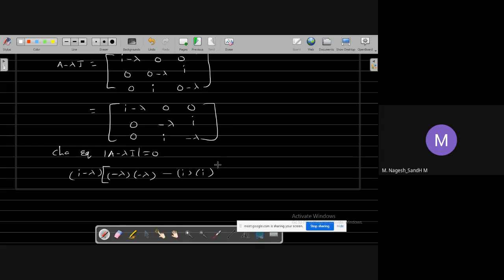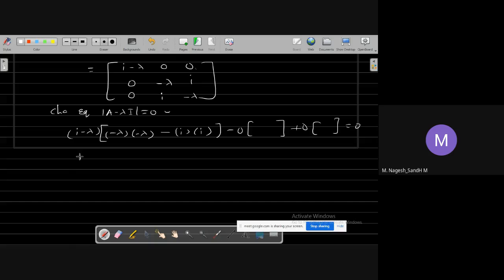Minus 0 into anything is 0, plus 0 into anything is 0, equal to 0. So now i minus lambda into (lambda square minus i square) is 0.